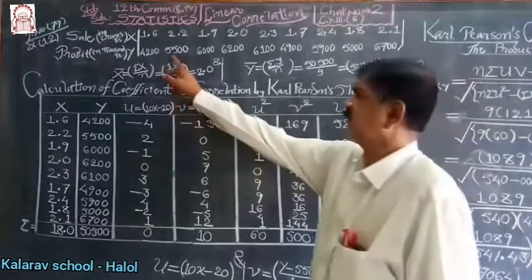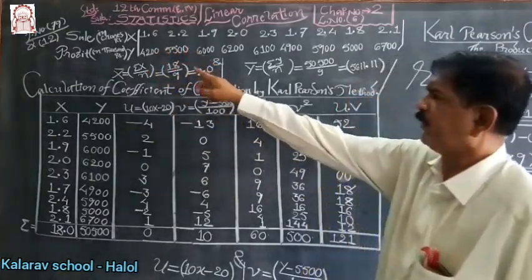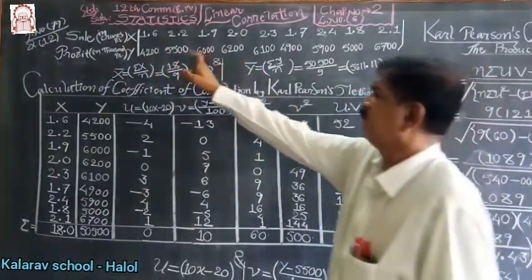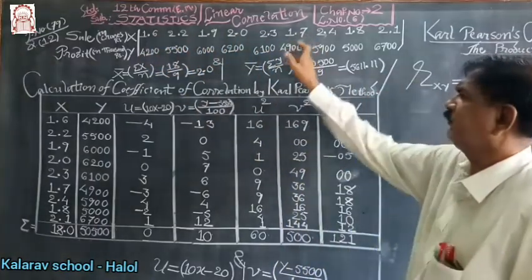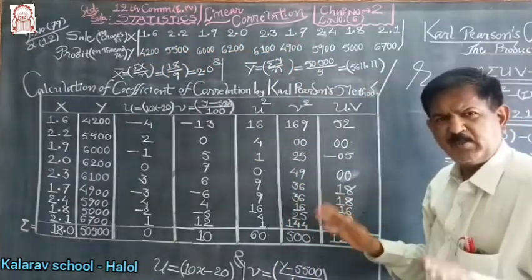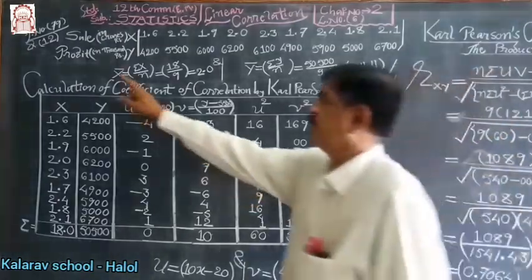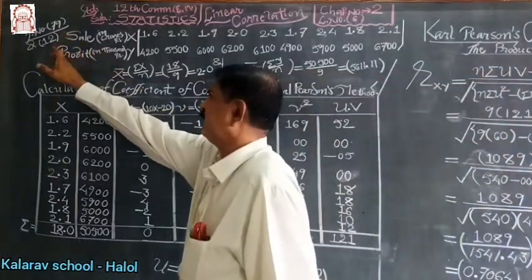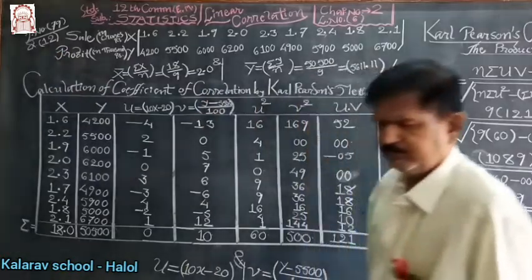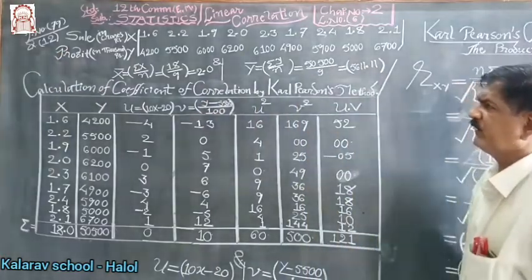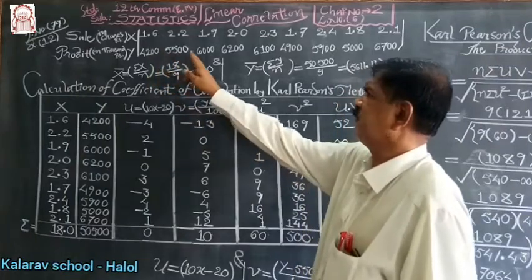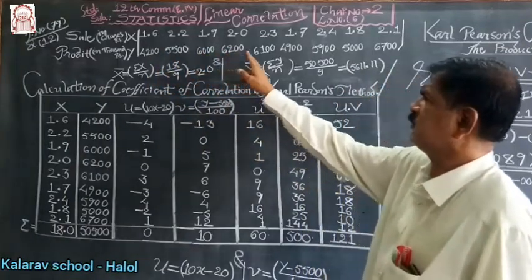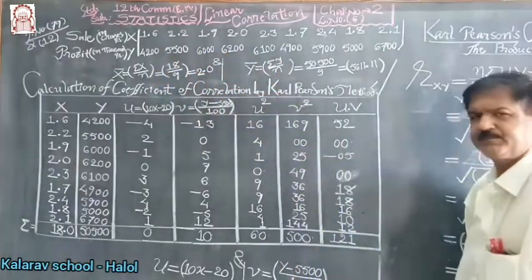Data for x, that is said in crores of rupees, and profit in thousands of rupees, given as 1.6, 2.2, 1.9, 2.0. This is the example of textbook, page number 79, example number 12 in Sylvester Central. And data for y, that is data for profits, are 4200, 5500, 6000, 6200 and so on.